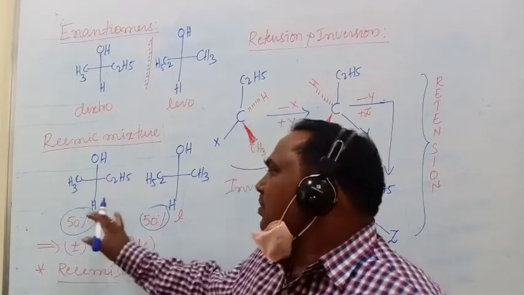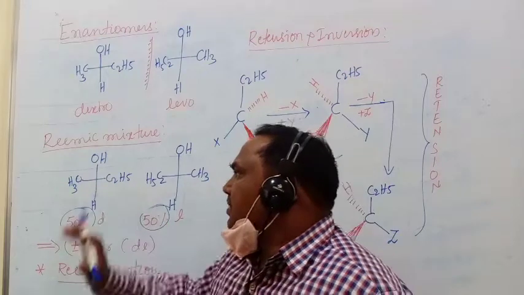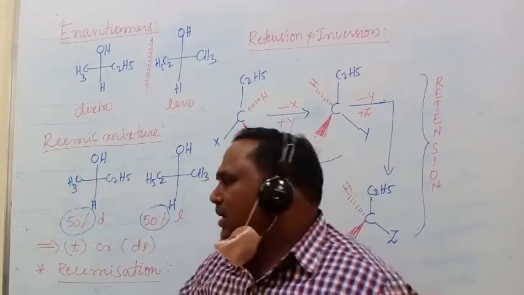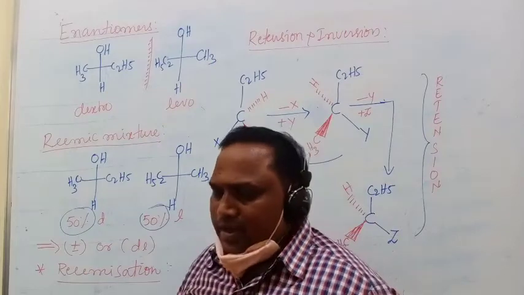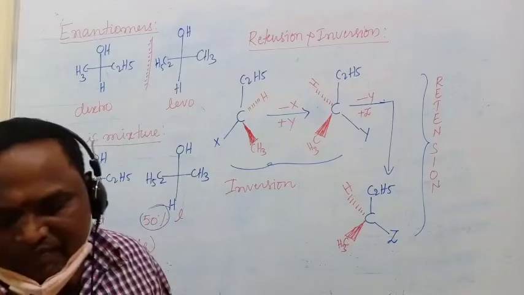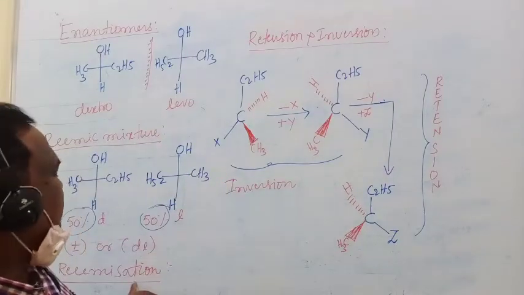That's why the process of conversion of enantiomers into racemic mixture is called racemization.